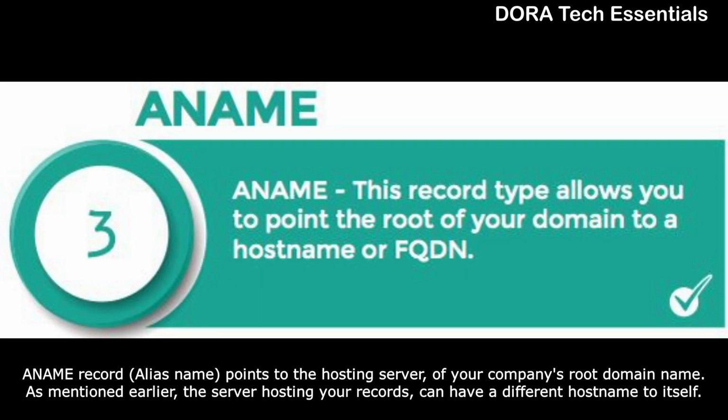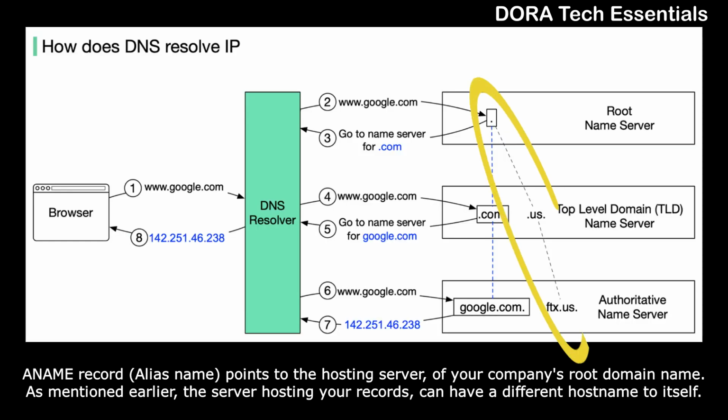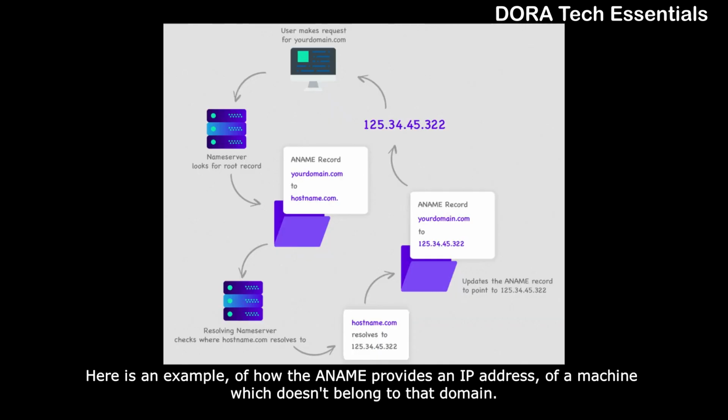A name record, alias name, simply points to the hosting server of your company's root domain name. As mentioned earlier, the server hosting your records can have a different host name to itself. Here is an example of how the A name provides an IP address of a machine which doesn't belong to that domain.